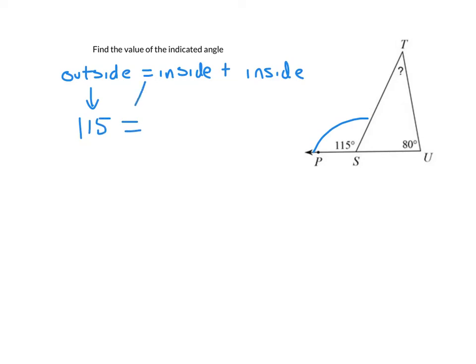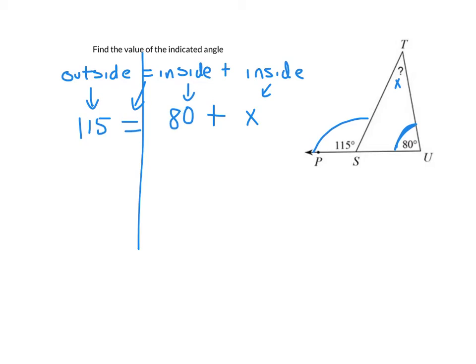So instead of rewriting the word outside, I'm going to put in what our angle is. I'm copying the equal sign. And now for our inside angle, I'll just use 80 first. It doesn't matter what order you put these in. And instead of using a question mark, I'm going to put in an X up there. So this inside angle I'm calling X. All right, we need to solve that, which just means we need to get the X by itself. In order to get the X by itself, we need to kick out the 80.